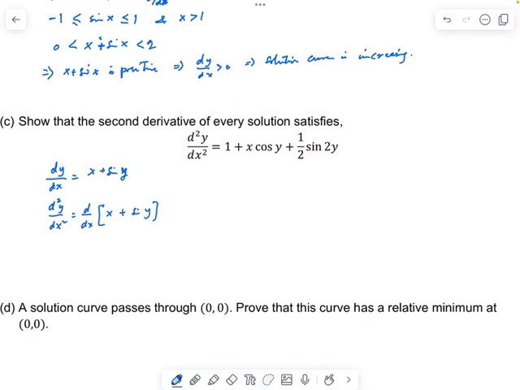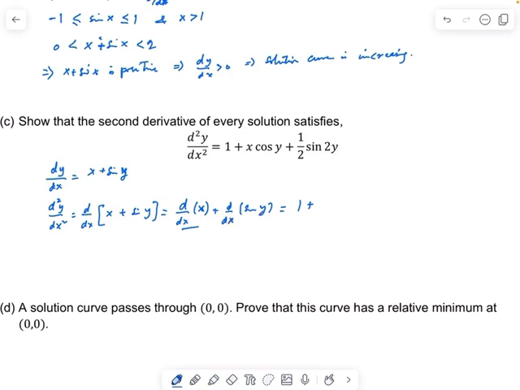Now this is a sum, so the derivative can be distributed. So it becomes d by dx of x plus d by dx of sine y. Now this first one, because we are differentiating a term involving just x with respect to x, the derivative is just 1, plus, now we have a y in here, so we are differentiating a function of y with respect to x.